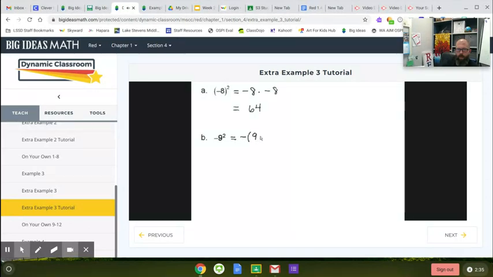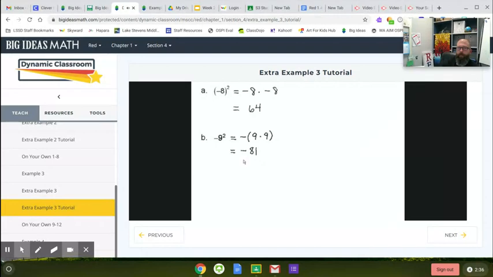So 9 squared is 9 times 9. Now we can evaluate. We have the opposite of 9 times 9, which is 81. So the opposite of 9 squared is equal to -81. Tricky, tricky. Keep that in mind.